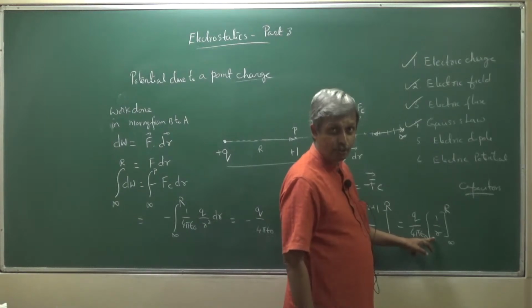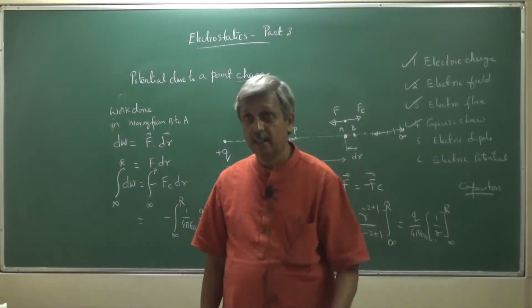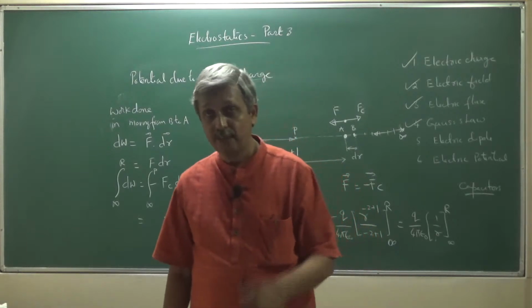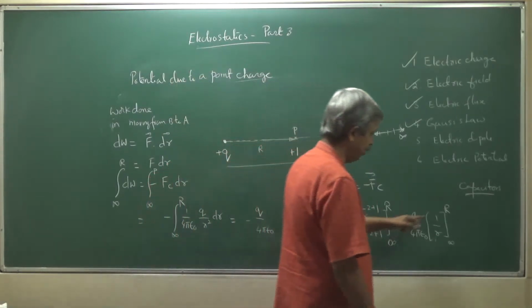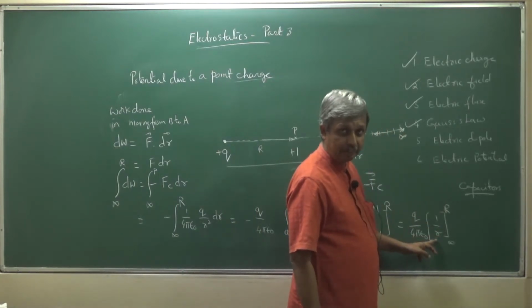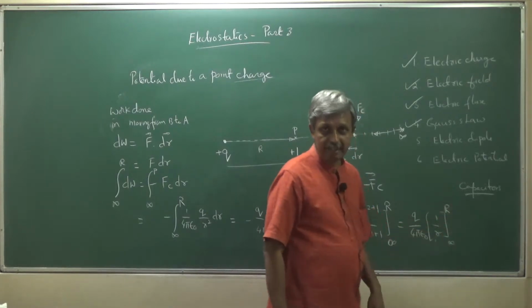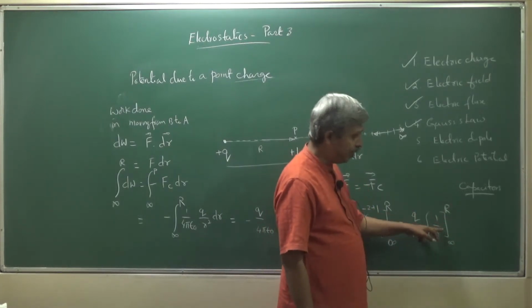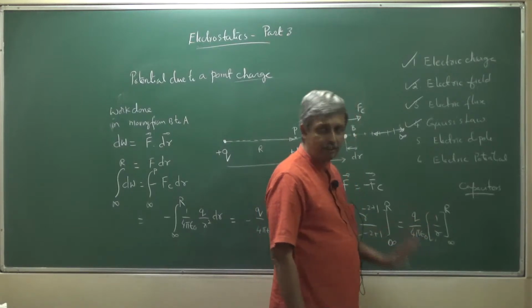That's how you substitute for a definite integral. I hope they have covered that in your class, but if they have not, that will be covered in the math, where you will do a definite integral: 1 by capital R minus 1 by infinity. Okay. First the upper limit and then the lower, and then you subtract. 1 by infinity is 0, so only 1 by capital R will be there.